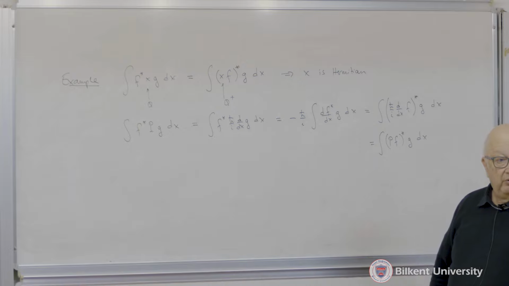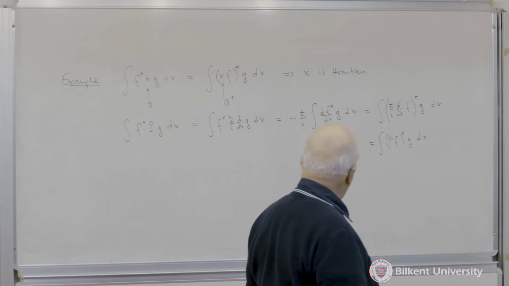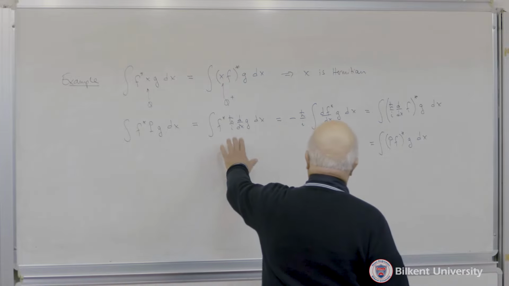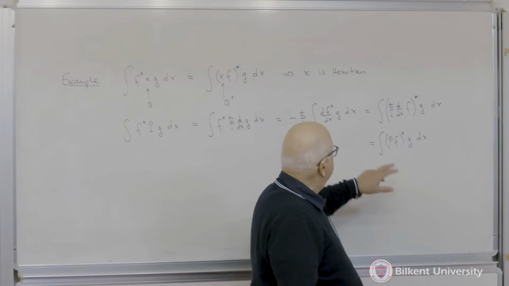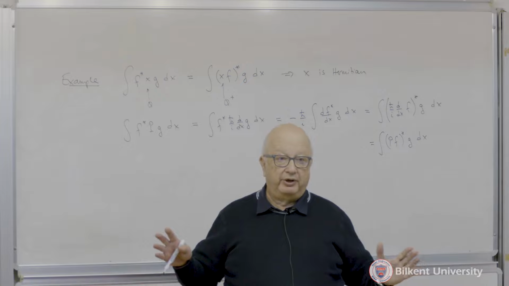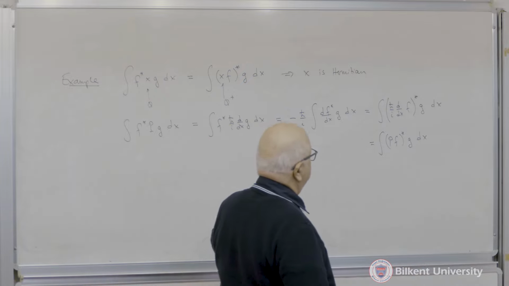Yes? Also, for the boundary term, f conjugate multiplied by g term goes to 0, right? Yes. In all of these integration by parts that we do in quantum mechanics, if these are things like wave functions, they go to 0 at infinity. So that's why we do not put the boundary terms.